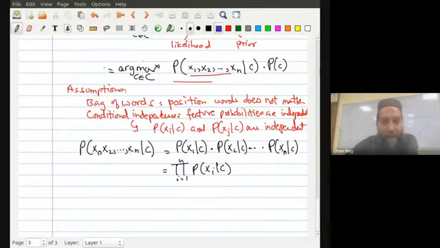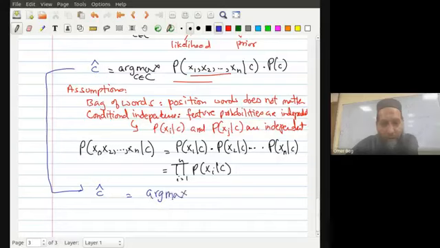So that would mean that in terms of our predicted class, I'll simplify this equation to say argmax over the set of classes, and I'll put this probability earlier, saying the probability of some class C multiplied by the probabilities of all the features given that class C, where i goes from 1 to n.